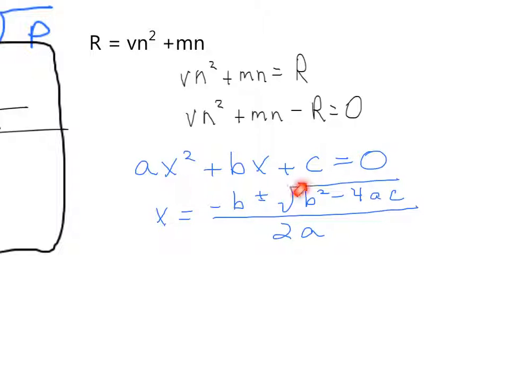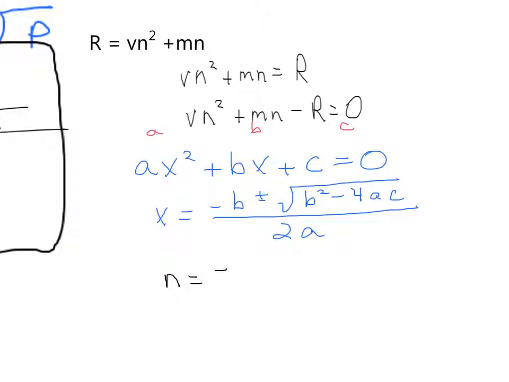Well, this equation is like that equation, only instead of x, we're going to solve for n, which is our goal. So n is negative, and here let me write in, a is going to be v, b is going to be m, and c is going to be negative r.